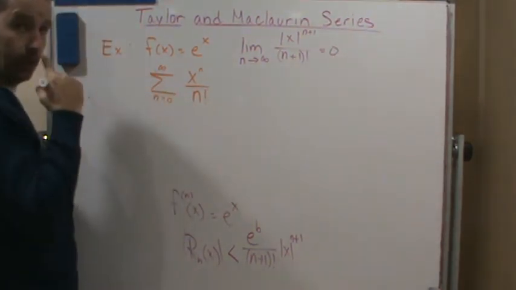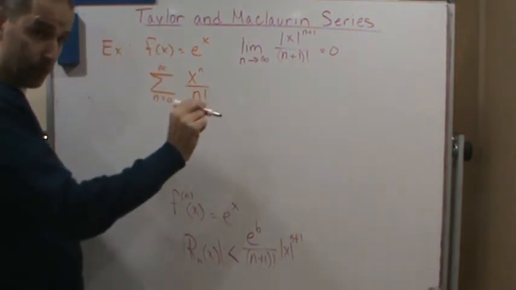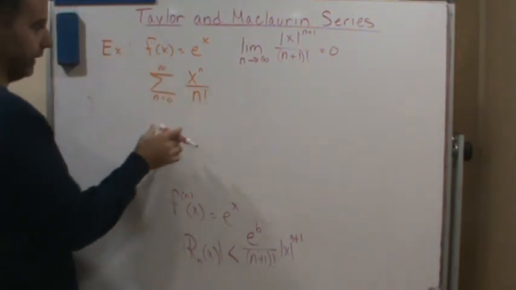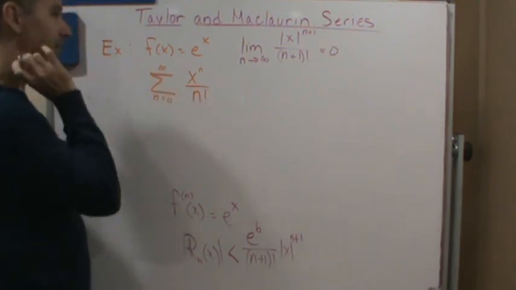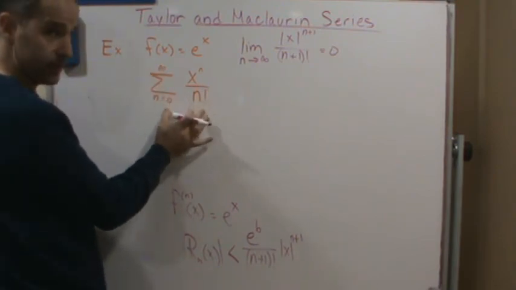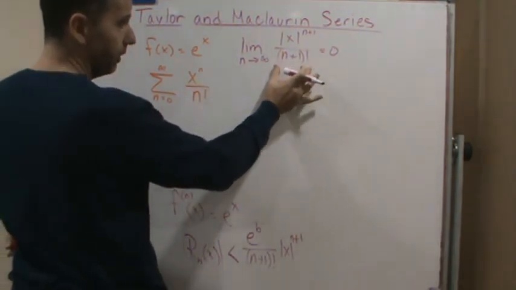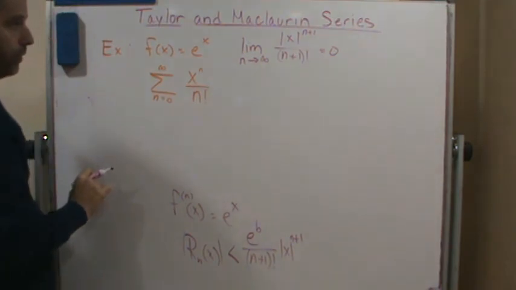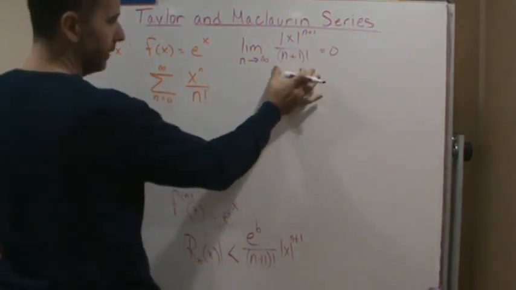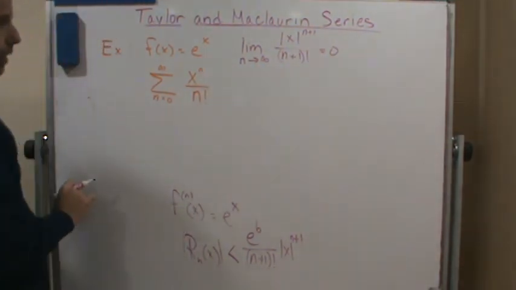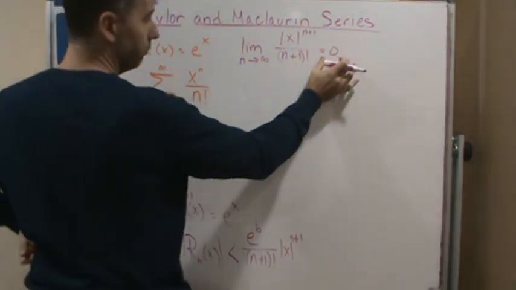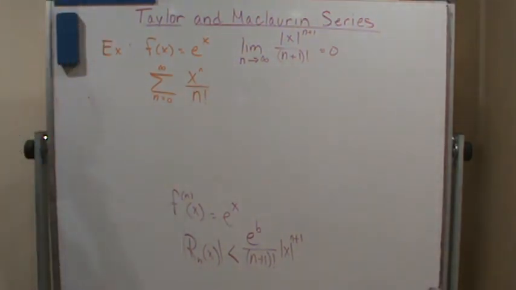But remember, the converse, the implication was based on the fact that for all convergent series, the limit of the terms would equal 0. Okay, so a little bit of review there. So we know that has to be true.